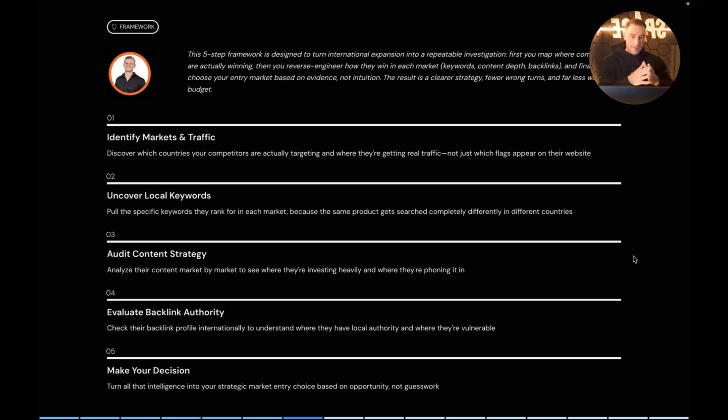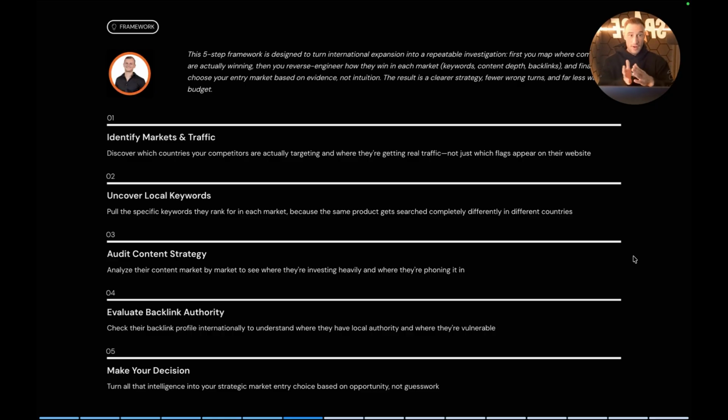Then evaluating the backlink authority to see how much money was actually spent in digital PR campaigns, in backlink campaigns for all these countries, and how long they have spent budget on these types of campaigns. So you can actually see how they have spent it, how fast they gained results, and you can also see where they might be vulnerable.